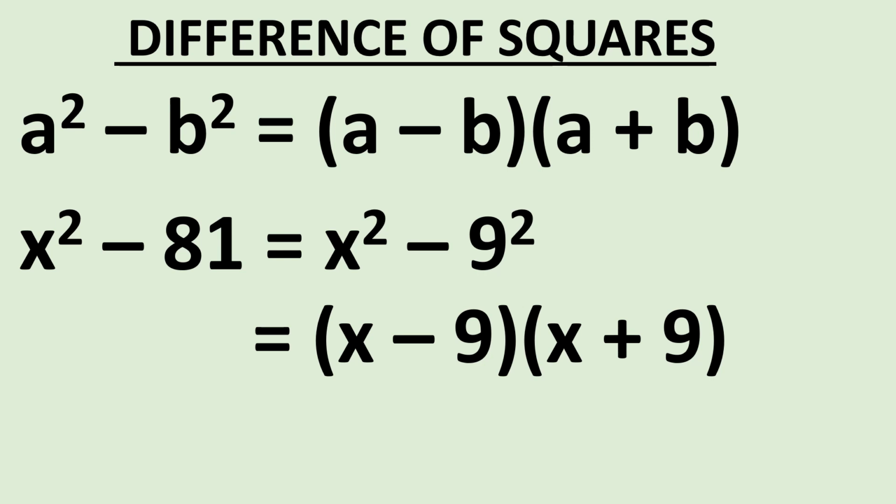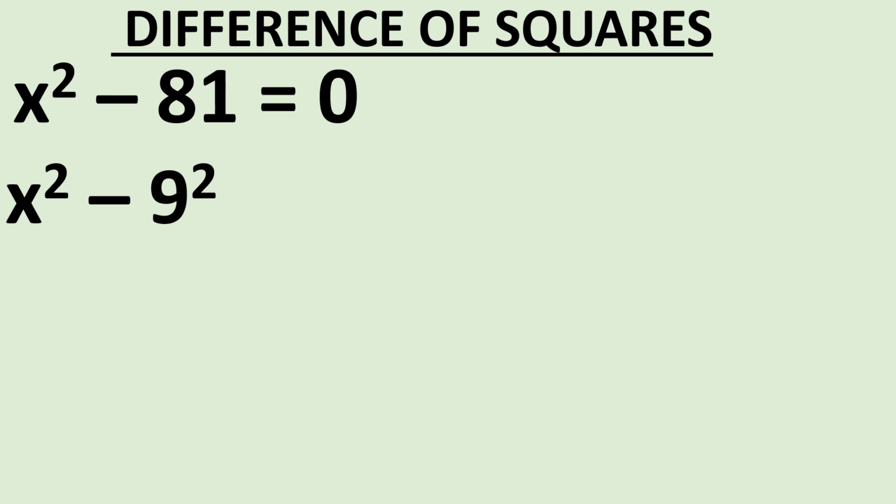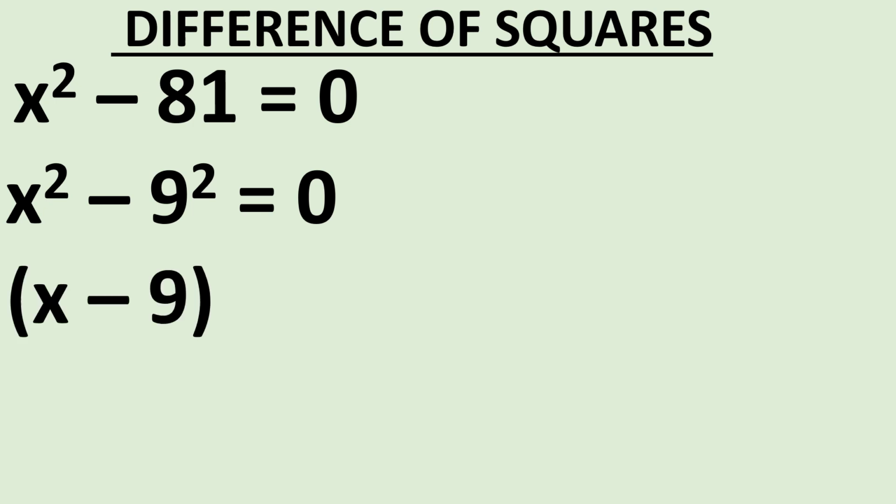So x squared minus 9 squared will be (x minus 9) into (x plus 9). So our initial question, x squared minus 81 equals 0, can simply be written as x squared minus 9 squared equals 0, which is a difference of squares, and therefore we can apply the difference of squares formula.